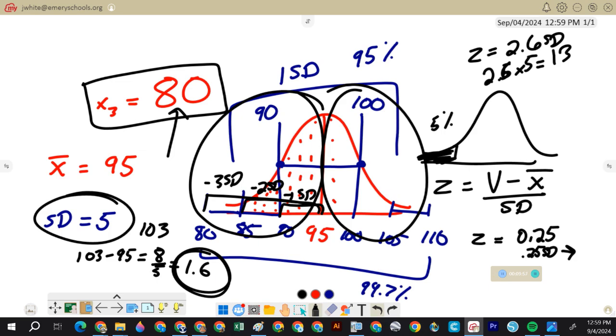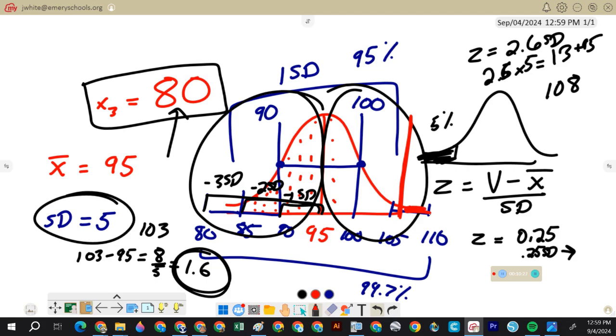The difference between what you got and what the average student got is 13 points. And it happens to be 13 to the right because it's positive. All right? So what do we do with 13 to find your score? Add it to 95, and that gives me 108. And you can see here, 108 is right there.